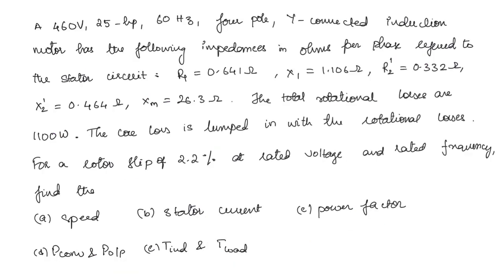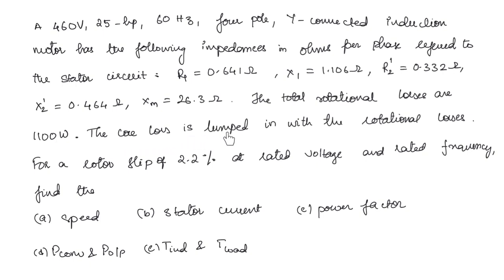Okay. Next question we have a 460 volts 25 HP 60 Hz 4 pole Y connected induction motor has the following impedances in ohms per phase referred to the stator circuit. So R1, X1, R2 dash, X2 dash and Xm are given. The total rotational losses are 1100 watts.